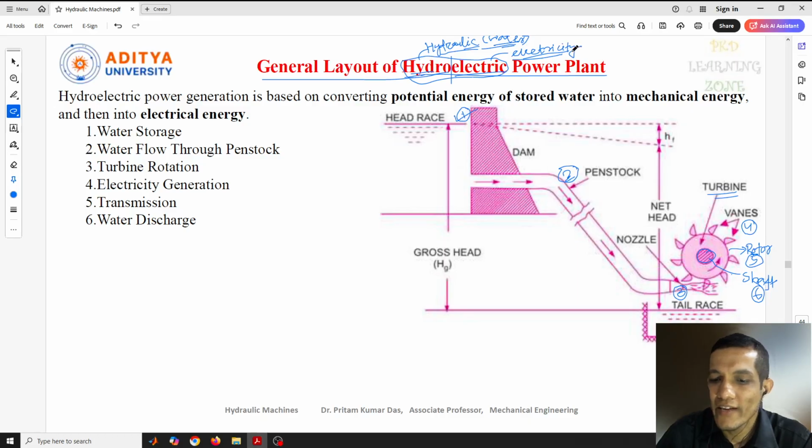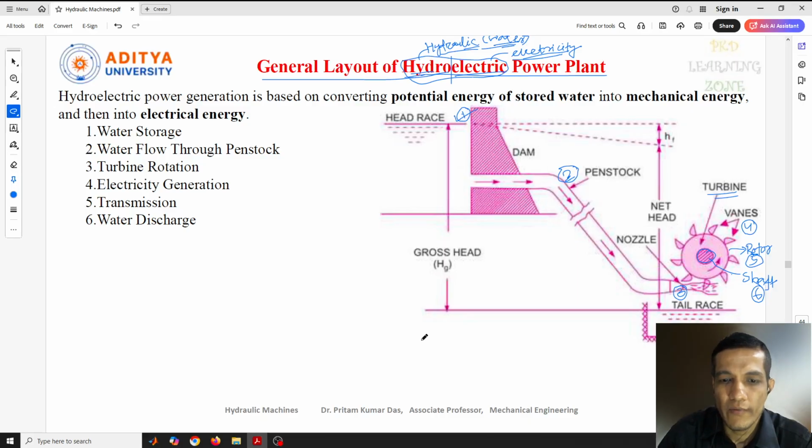So how will the power be generated? We need to convert the potential energy to kinetic energy, and the kinetic energy again needs to be converted into mechanical energy, and again it needs to be converted into electrical energy.